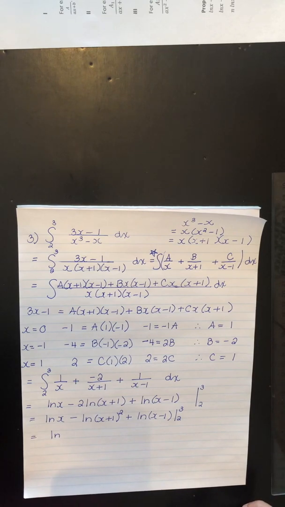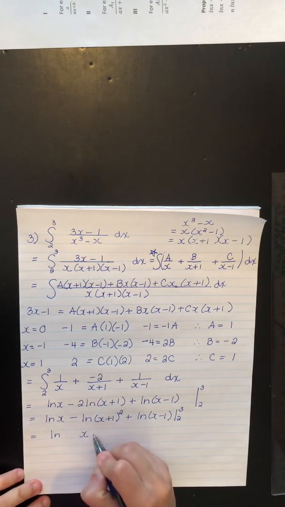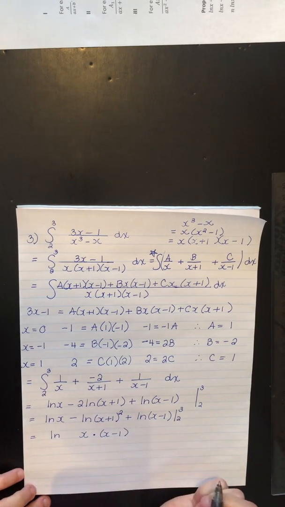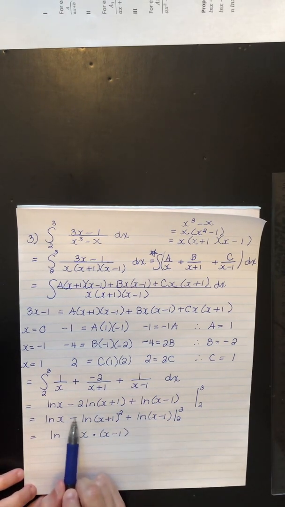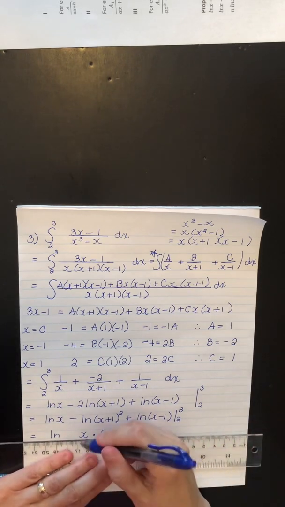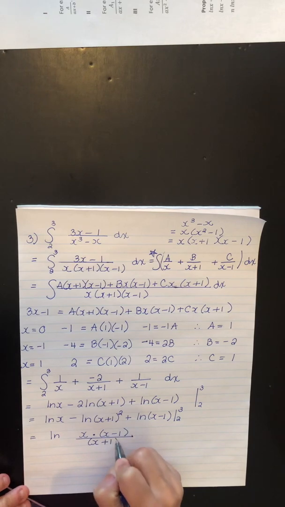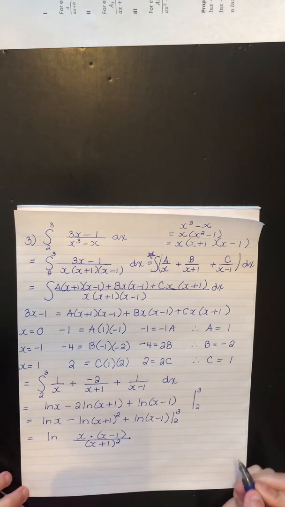Which terms would be in the numerator? Those preceded by a plus sign. So x multiplied by x minus 1. The only term in the denominator is the one preceded by the negative sign. So here is where we will have x plus 1 all squared, like this.